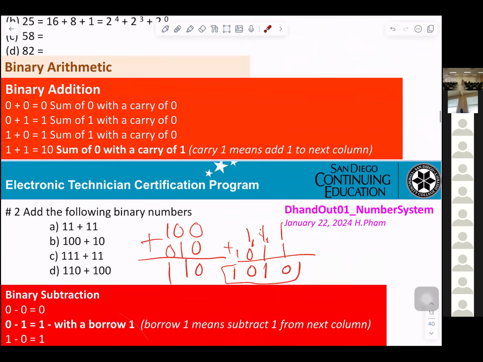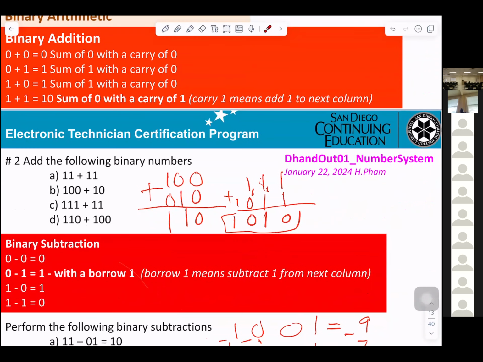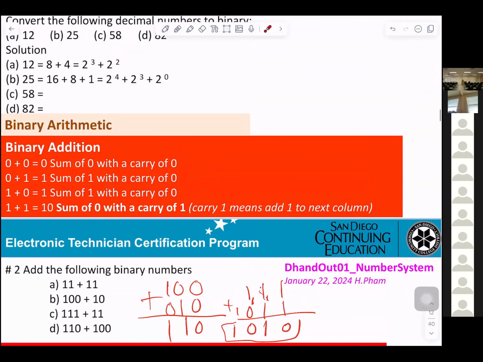Now we care about binary addition. You want to add binary. This is the formula: 0 add 0 gets 0. 0 adding 1 is 1. 1 add 0 is 1. 1 adding 1 equals 0, however you will carry 1.